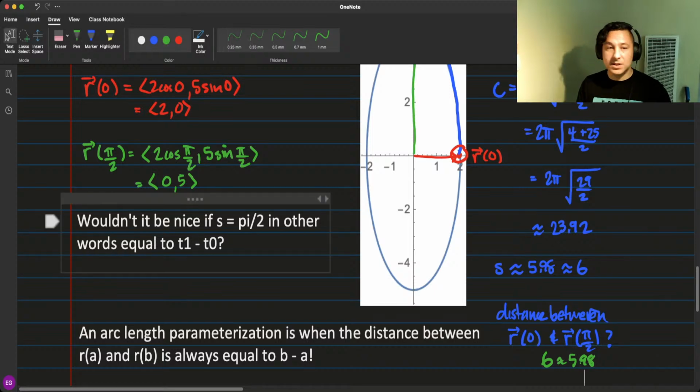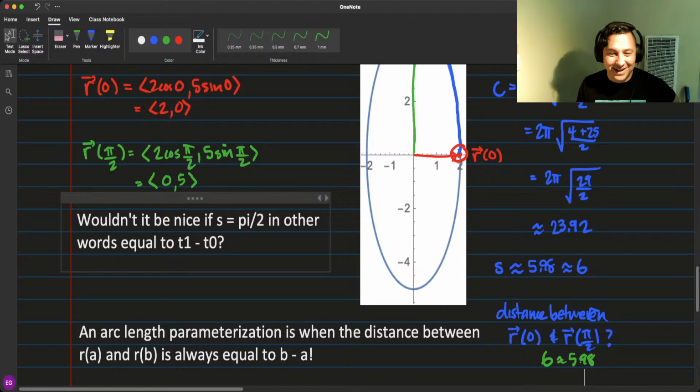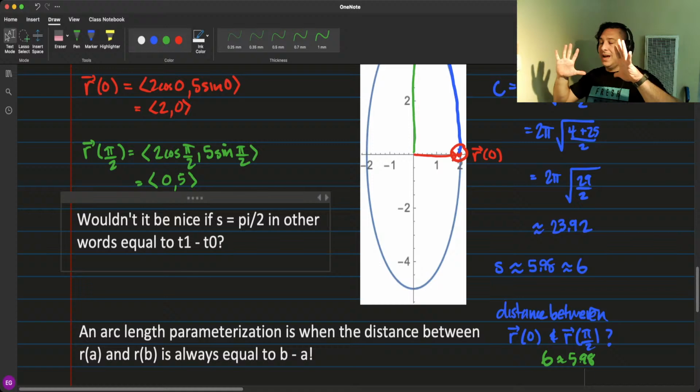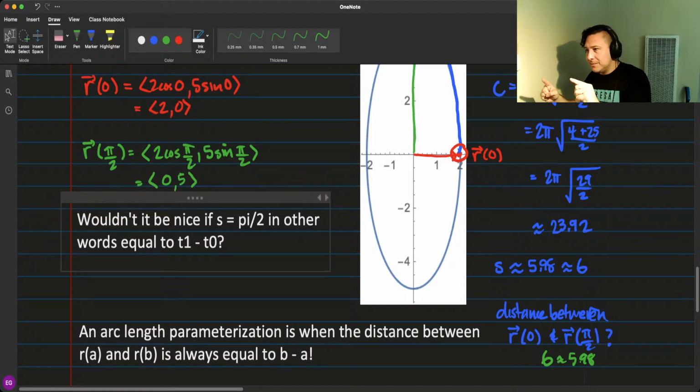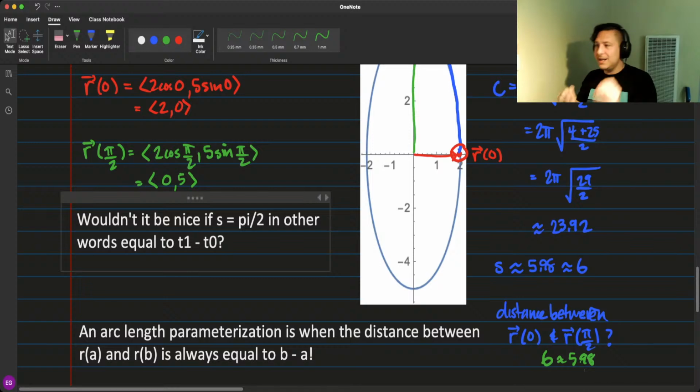Yes, exactly. So I'm going to pause to see if this makes sense to everyone: what does it mean to have an arc length parameterization? It means that your vector valued function is set up so that if you plug in t equals A and t equals B, the distance between r of A and r of B is just equal to B minus A. This just makes it really easy to calculate distances.